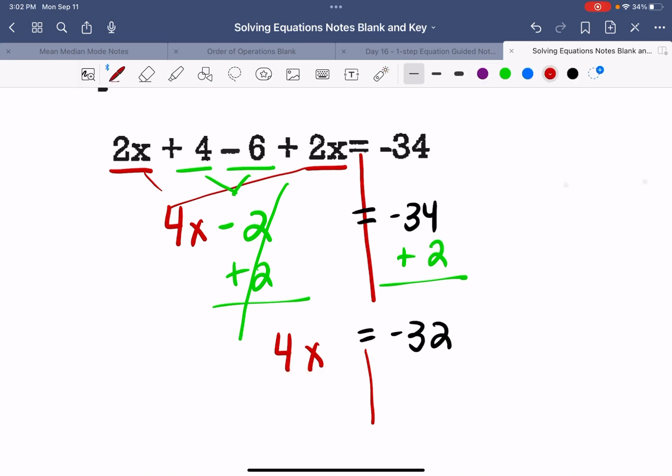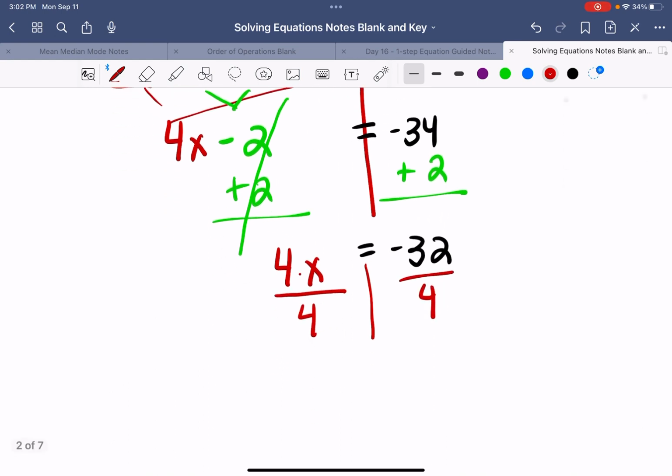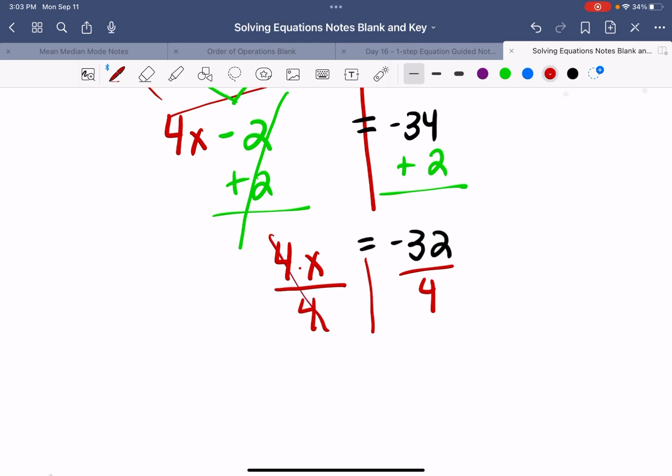So what do I do? Since this is a multiplication problem, I'm going to divide both sides by 4, and now I have x is equal to negative 8. Sorry, I'm multitasking. So x is equal to negative 8.